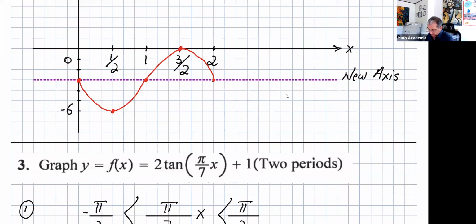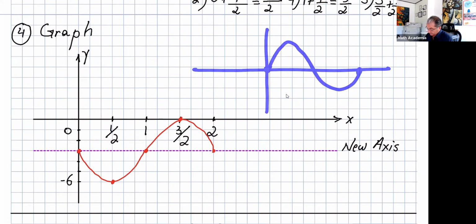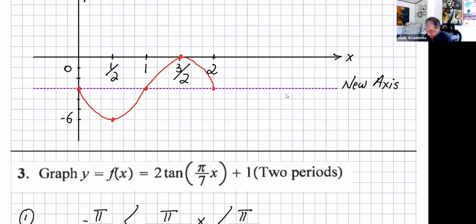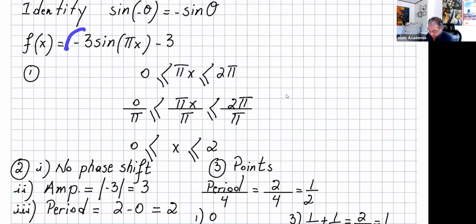So now we're graphing sine. Sine starts from 0, goes up, down, and then hits the axis again. So you're going to have the same type of graph. First point on the graph is 0. Sine goes up, but you have to be very careful because now we changed the sign.